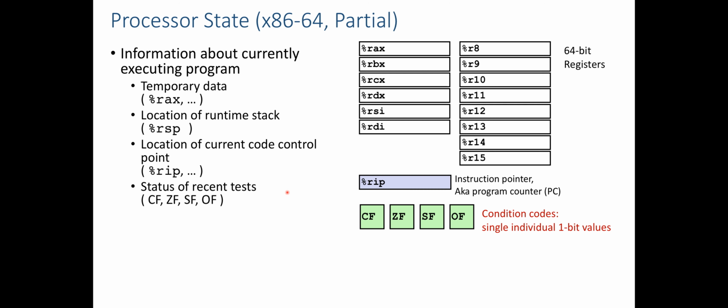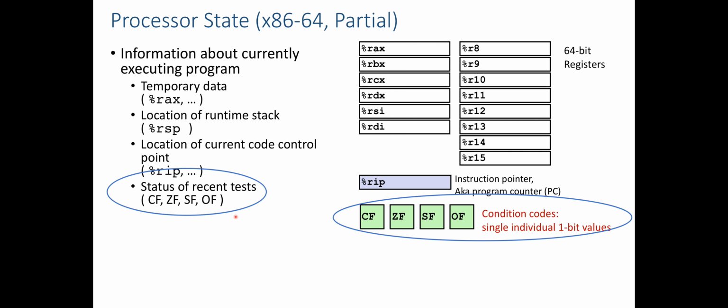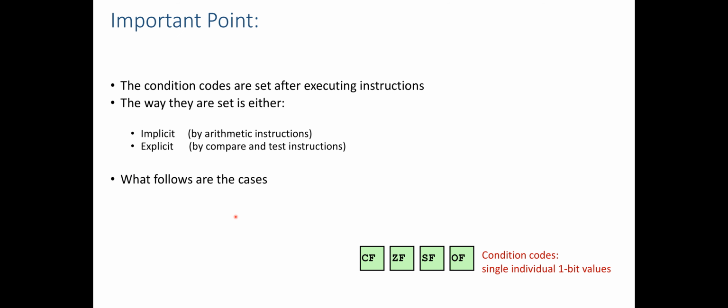And the thing that we're going to concentrate on today are some single bits, 1-bit values called condition codes. We haven't talked about these before, but we're going to see how these get used to evaluate relational expressions, along with some new instructions that you're going to see.